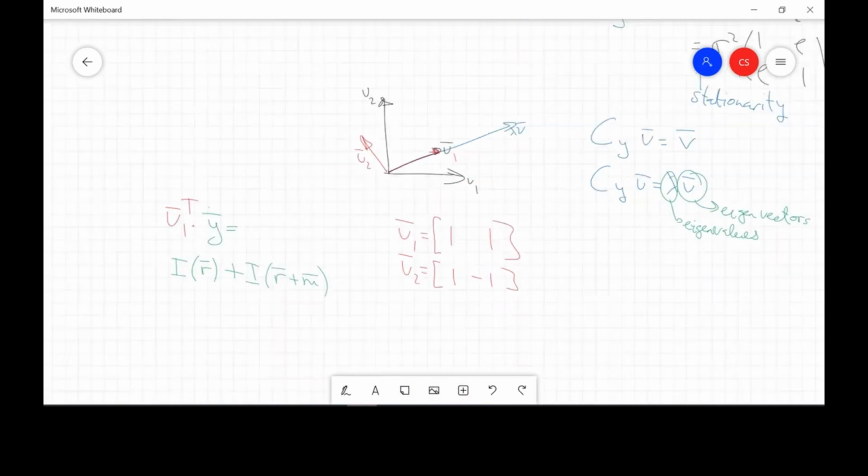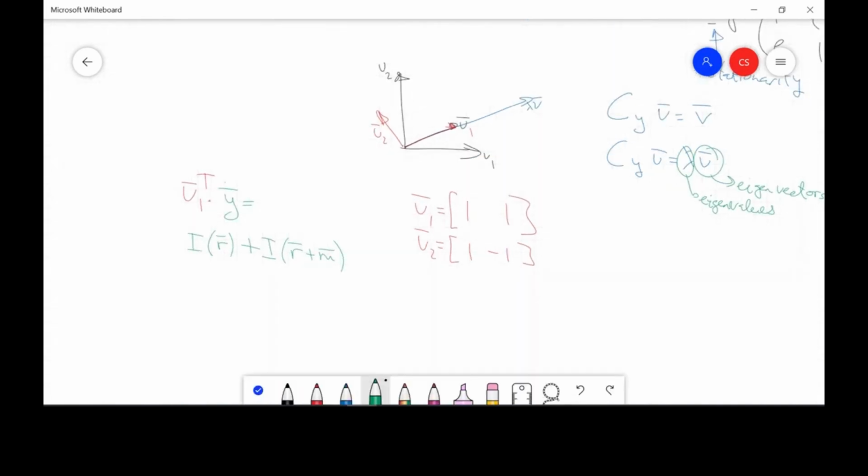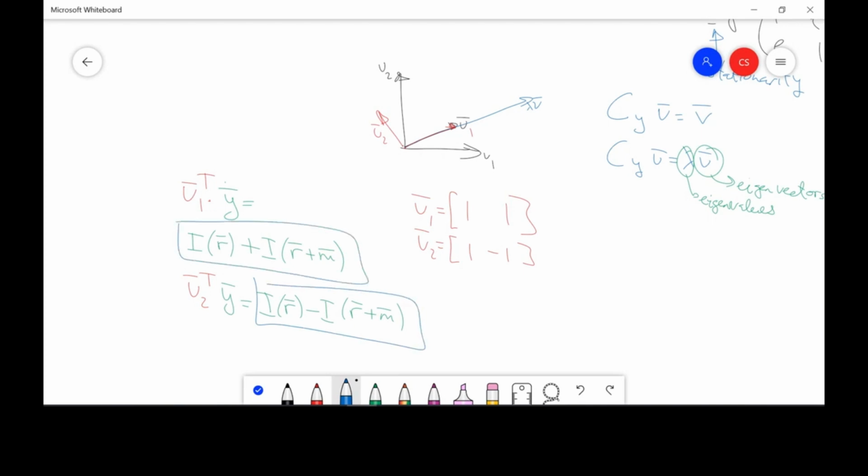And the other one, u2 transpose times y, is equal to I r minus I r plus n. So that means that differences and sums are important things to look at.